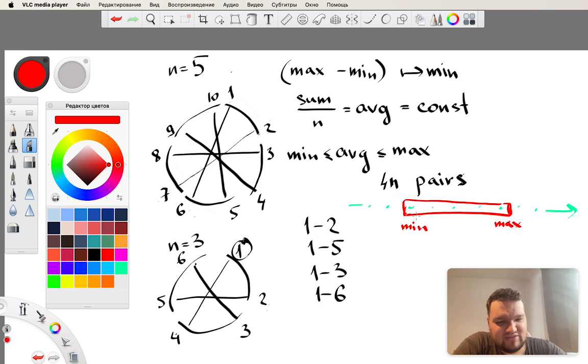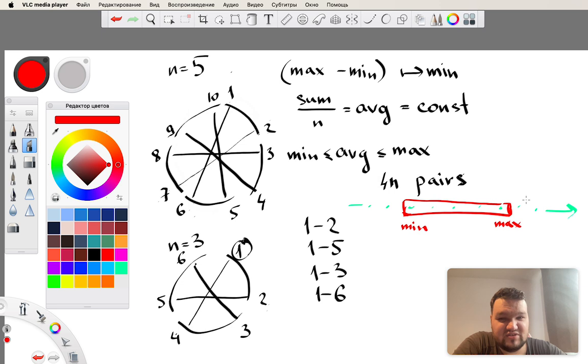Now let's try to solve this decision problem. If I can solve the decision problem in some reasonable time, then I can, for example, do two pointers on minimum and maximum, or just fix minimum and binary search maximum.